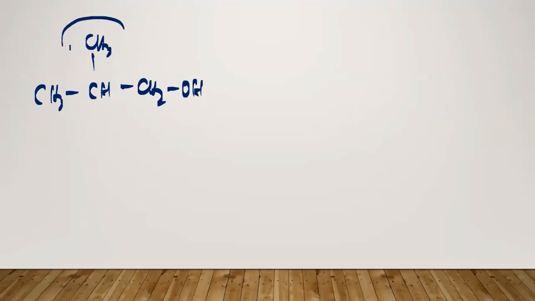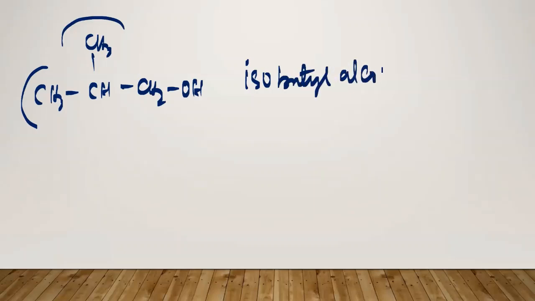Have a look here. CH3, CH, CH3, CH2OH. And here again, you will find that you have 2 CH3 groups. When you have 2 CH3 groups, understand you have to use the word iso. And the total number of carbons is 4. So it will become isobutyl alcohol.